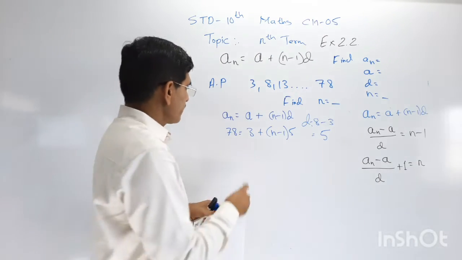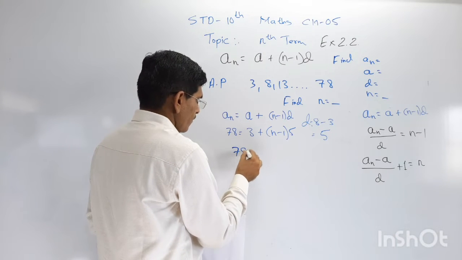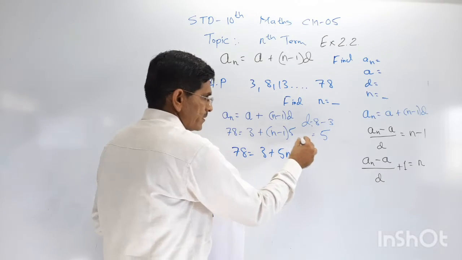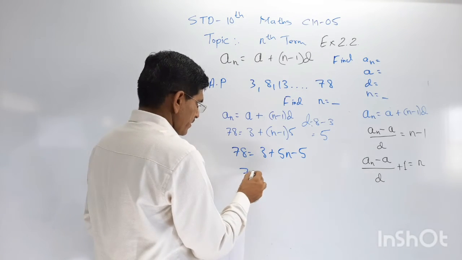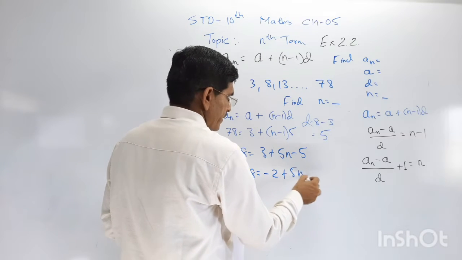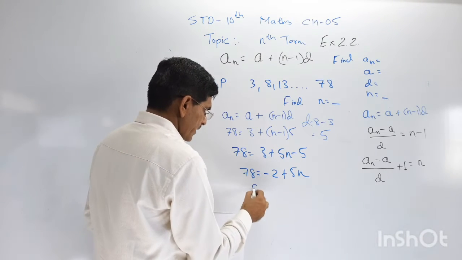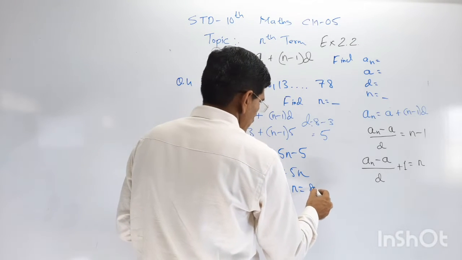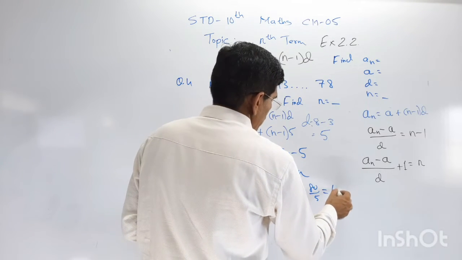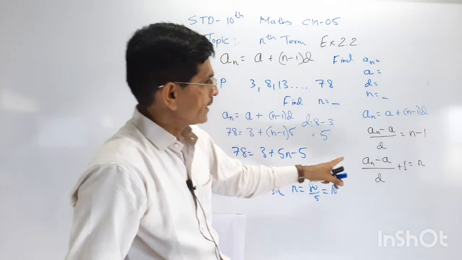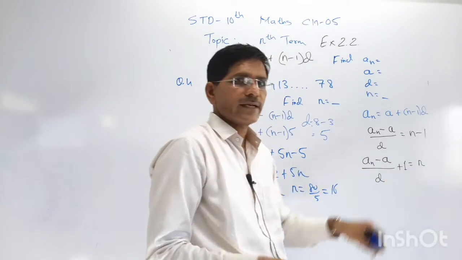So now 78 is equal to 3 plus 5n minus 5. So 78 is equal to minus 2 plus 5n. I have to shift, so 80 is equal to 5n. Therefore n is equal to 80 divided by 5, and we get 16.